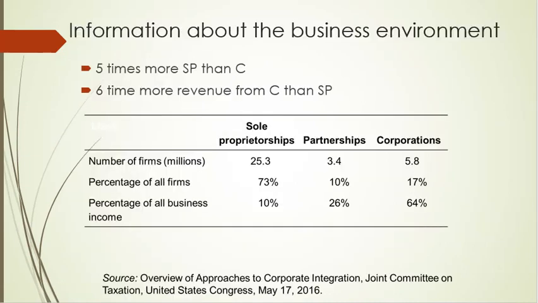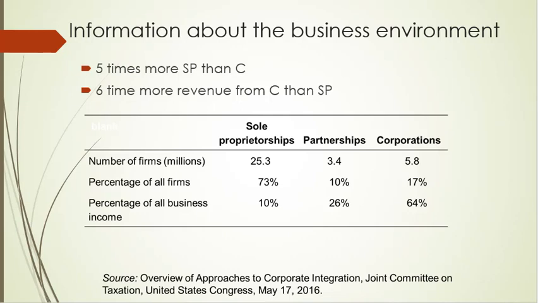So if you look at these forms and how prevalent they are in our economy, there are 5 times more sole proprietorships than corporations. But 6 times more revenue comes from corporations than from sole proprietorships. So obviously, number-wise, there are a lot of sole proprietorships. There are lots of entrepreneurs in our society.